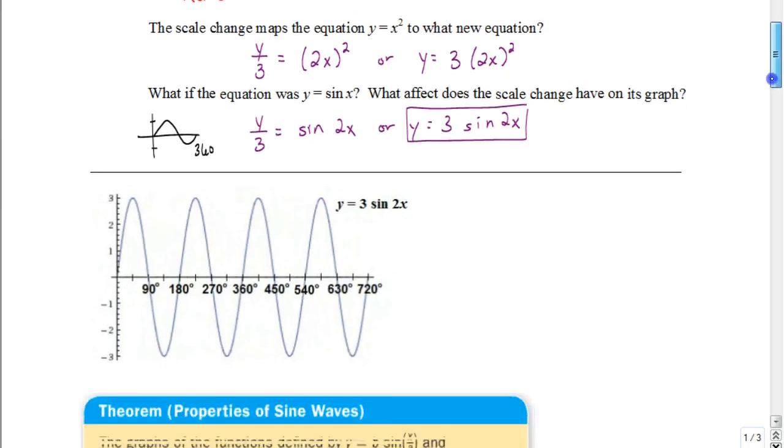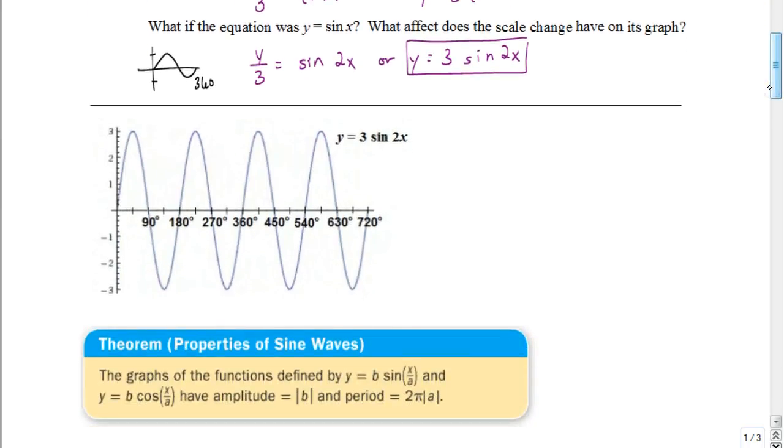Now if you notice, I have the graph here for us already for y equals 3 times the sine of 2x. So remember we said that the normal graph for the sine function would go between 0 and 360 and would go between -1 and 1.